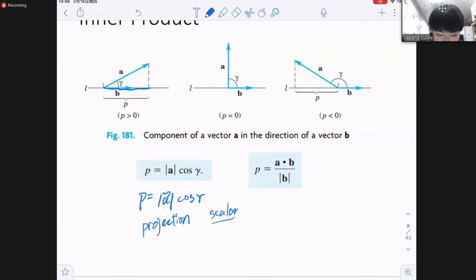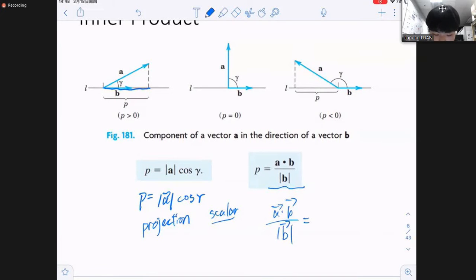And if you have A and B and you want to calculate the projection from A to B, then you have this equation. This is A dot B over B norm. So how do we get this?